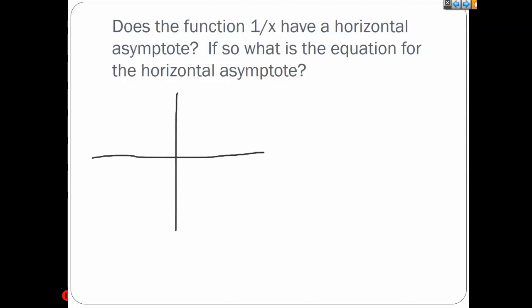We know for certain the domain is all reals except x equals 0. So I know that it has a vertical asymptote at x equals 0.